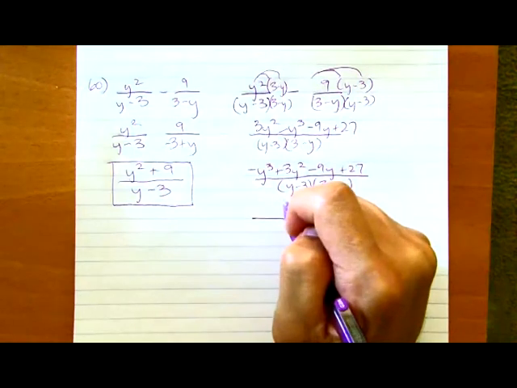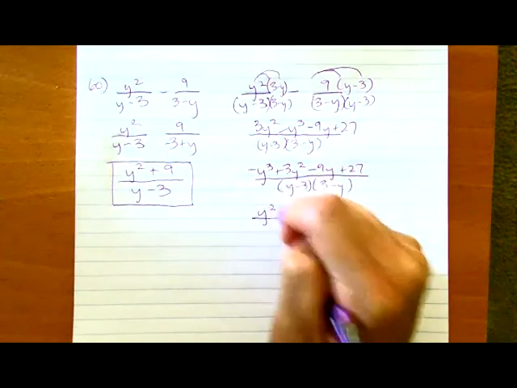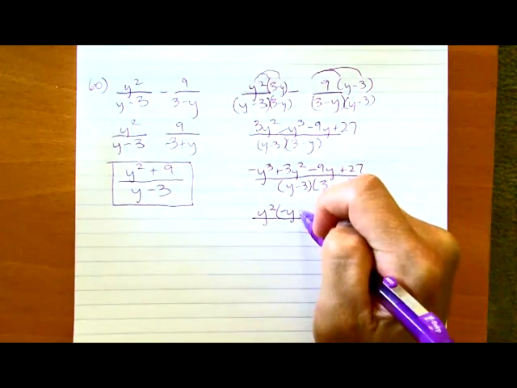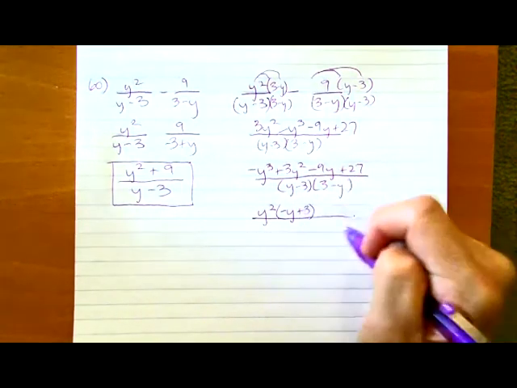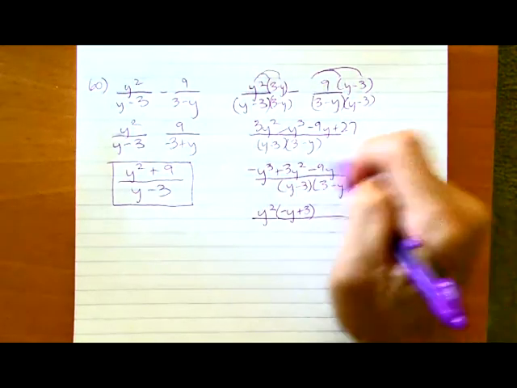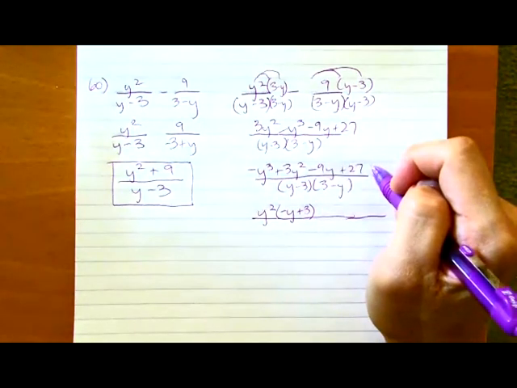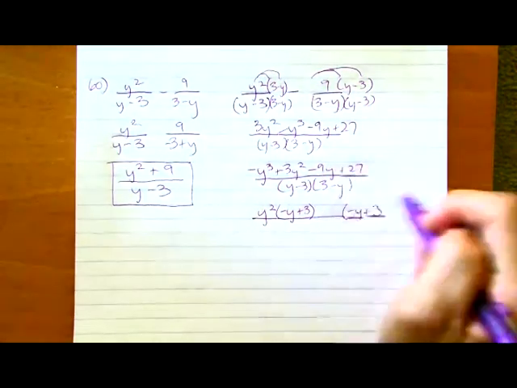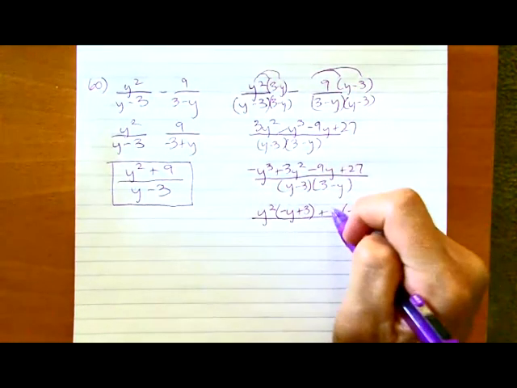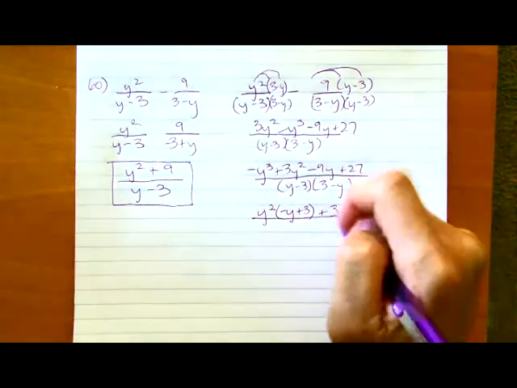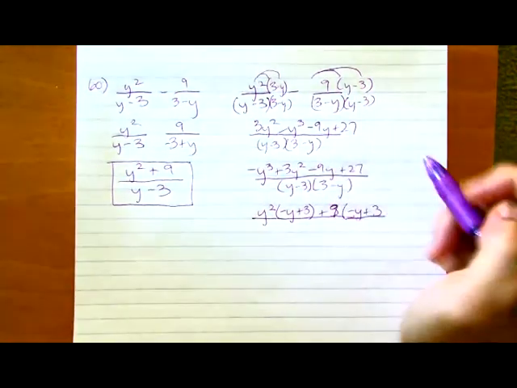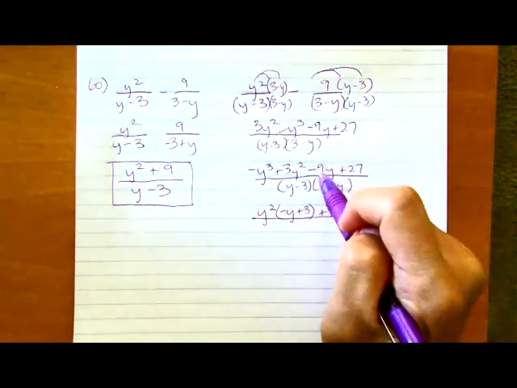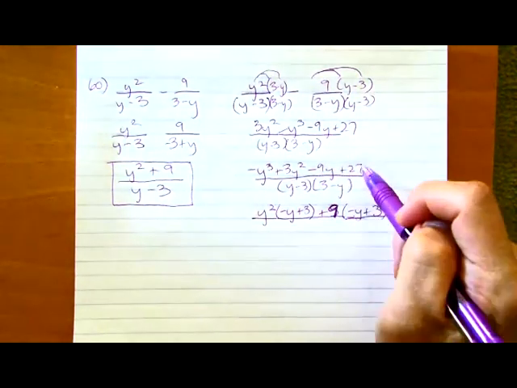Okay, we'll try y squared, negative y plus 3. These two terms, I need to get a negative y plus 3. So I'm just going to factor out a positive 3. No, 9. Sorry, they have a 9 in common. So if I factor out a 9, that's a negative y and a positive 3. Okay.